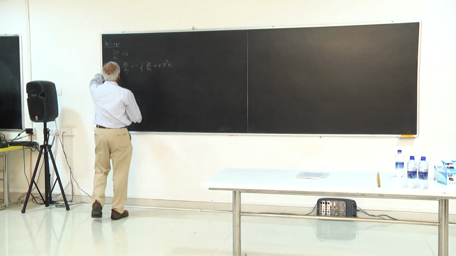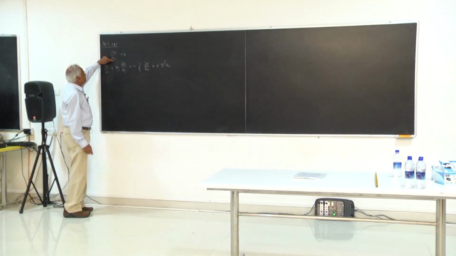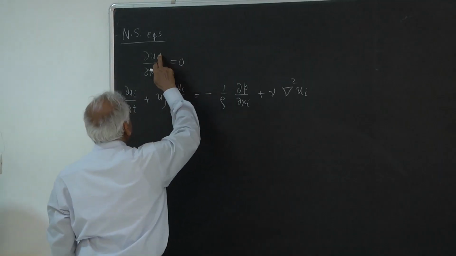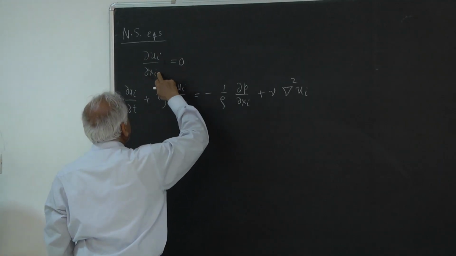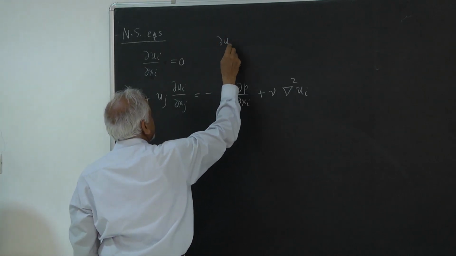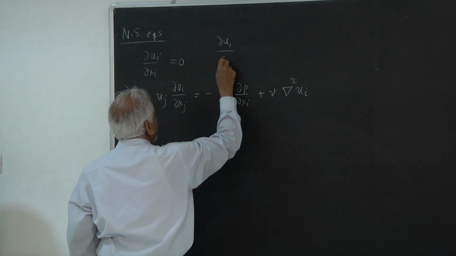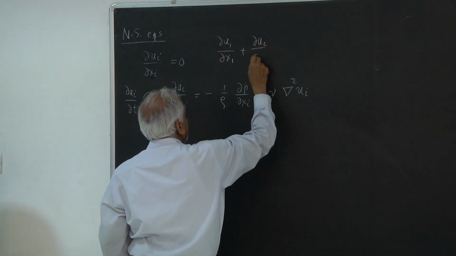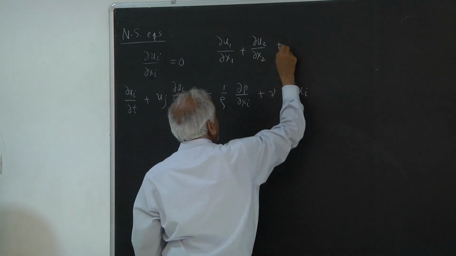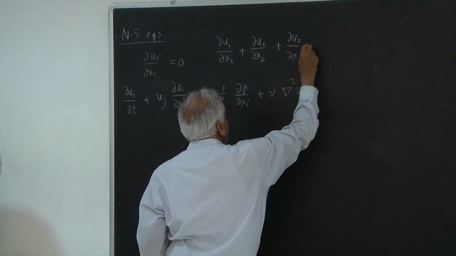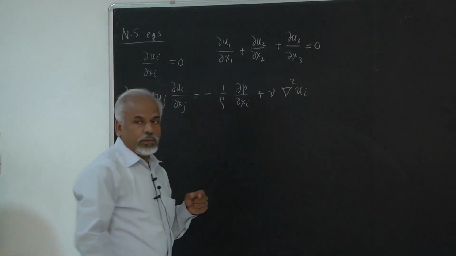So basically what it means is whenever you repeat an index like this, you have to sum the thing over all possible values of the index. So if you're talking about 3 dimensions, this thing is a shorthand for du1 dx1 plus du2 dx2 plus du3 dx3 equal to 0.